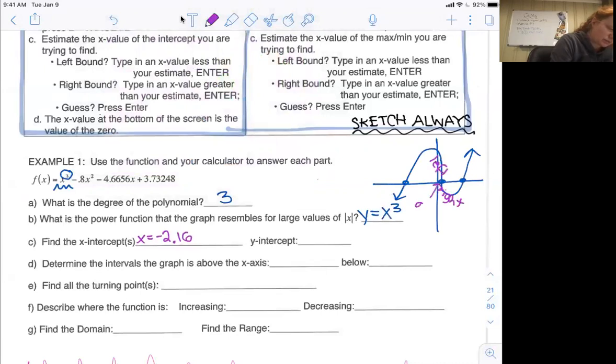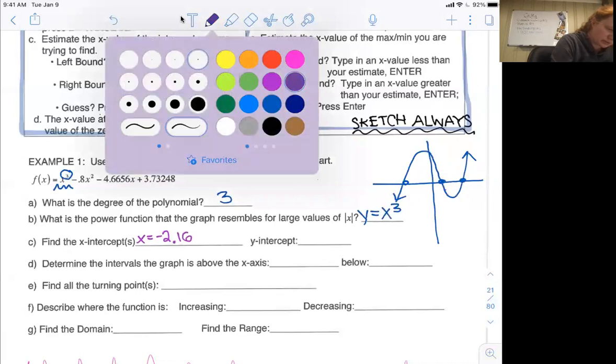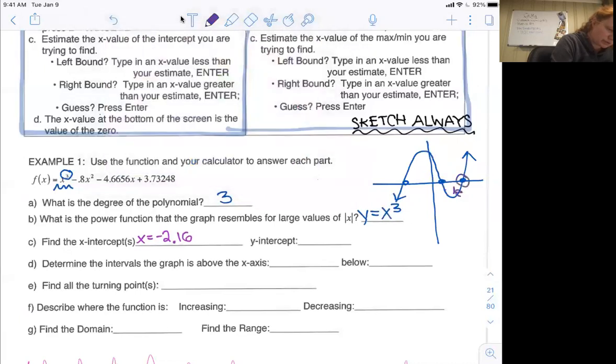And the guess would be here. For the third point over here, your cursor needs to be to the left of that third point, so this one right here, somewhere below. Then the right bound would be somewhere to the right, and then your guess would be right here.